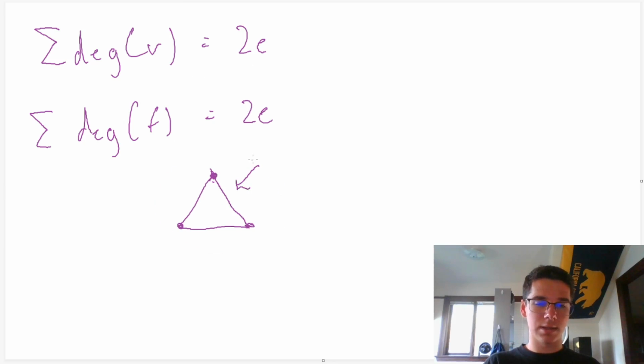Again, considering that this is the simplest simple and planar graph, this face right here is of degree 3 because it has those 3 edges creating it, and similarly that other face also has these 3 edges that create it.